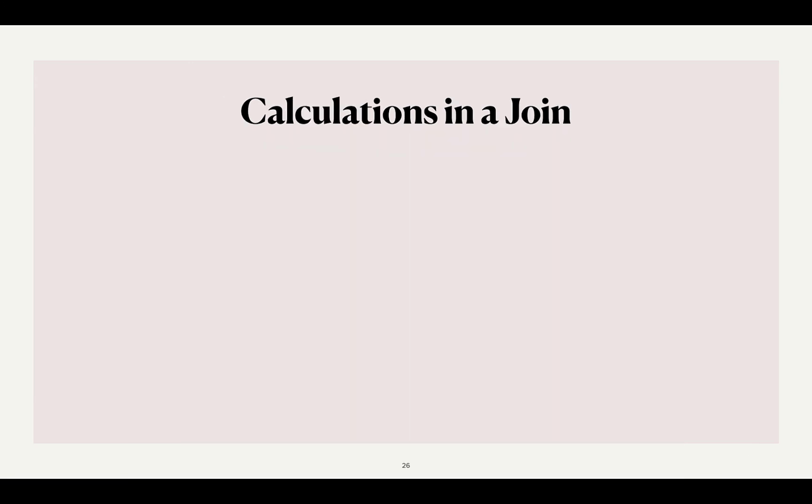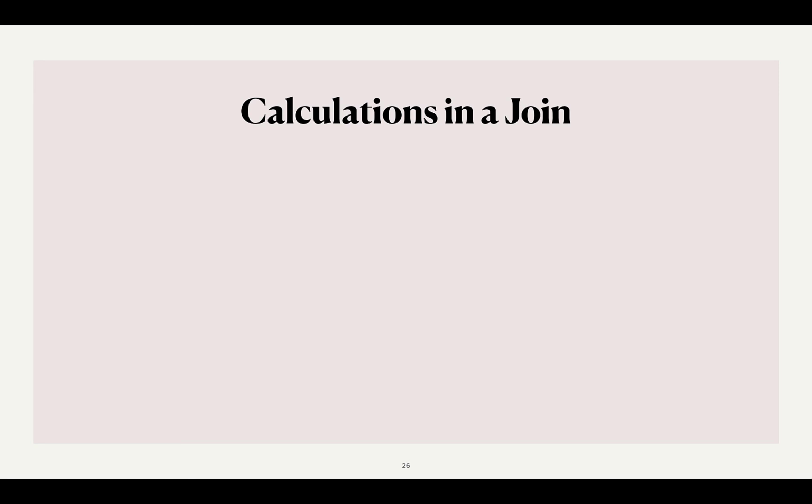All right, as was mentioned earlier, you can use calculations in a join. So I just want to give you an example of where you might want to do that, or where you'd have to do that. And as I go over this example, keep in mind that there are other ways to do this, as there are multiple ways to always do things within Tableau.